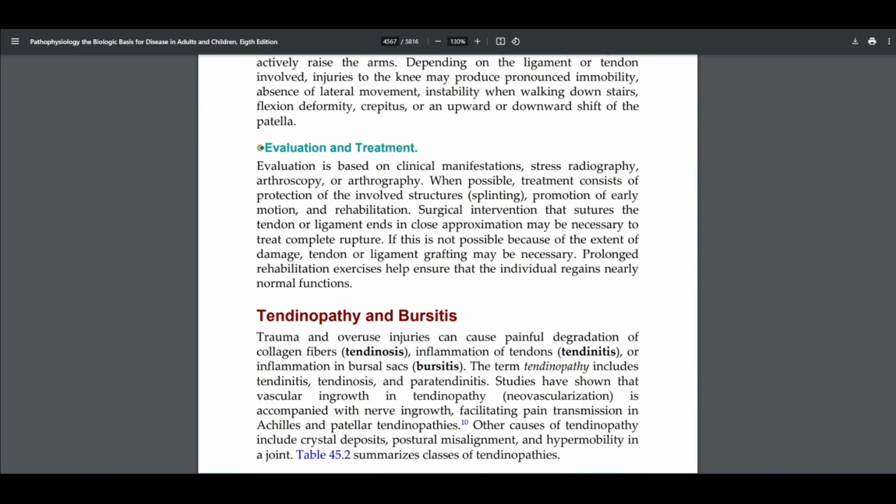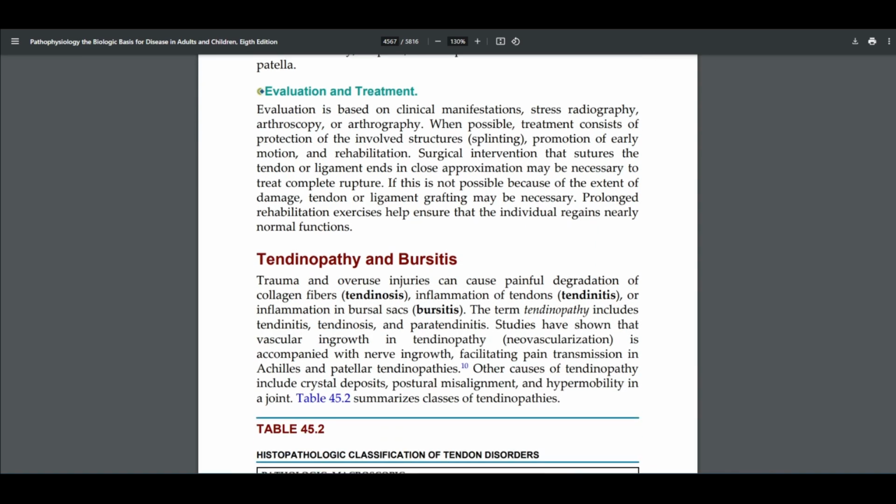Your evaluation and treatment, therefore. Evaluation is based on clinical manifestations, stress radiography, arthroscopy, and arthrography. When possible, treatment consists of protection of the involved structures, so splinting, promotion of early motion, and rehabilitation.